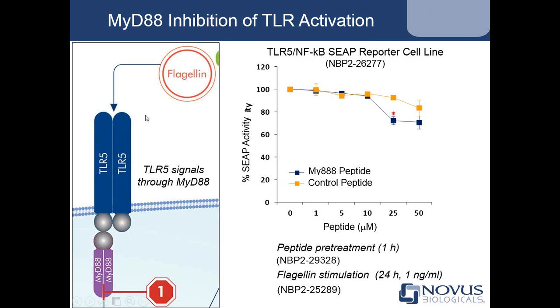So let's look at the experiment by using the MyD88 inhibitor. So here you can see the Flagellin activating TLR5 and the MyD88 inhibitor, which prevents this homodimerization and the downstream pathways. And so when you add this inhibitor and you look at the inhibition response, you can see that increasing amounts of peptide reduce the SEAP response compared to the control.